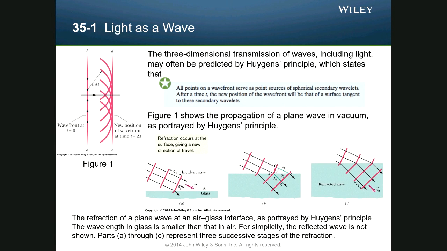Another way to look at it in a more simplified version would be like this. All right, it always starts with blue. Let's do yellow. So say you had two of these points. From each of these two points, you have a wave that comes out and becomes bigger and bigger and bigger until it's so far away, it just looks like a plane wave. And you have the same thing here.